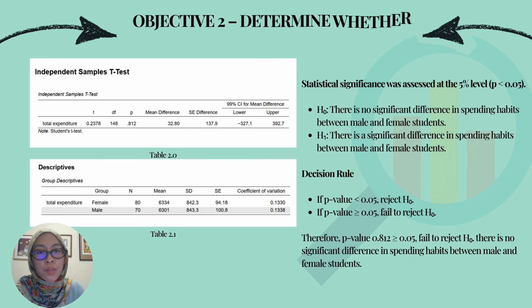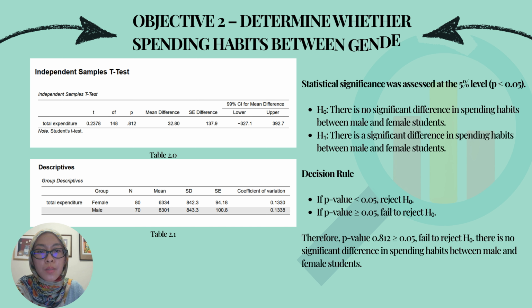The findings for Objective 2, which examines whether spending habits differ between male and female students using an independent sample t-test. The result shows a p-value of 0.812, which is greater than the significance level of 0.05.